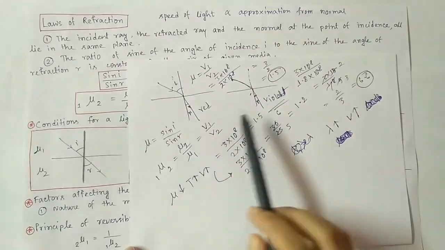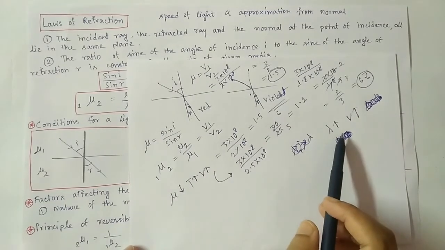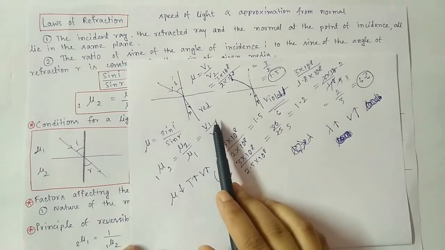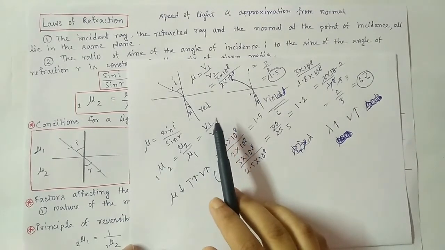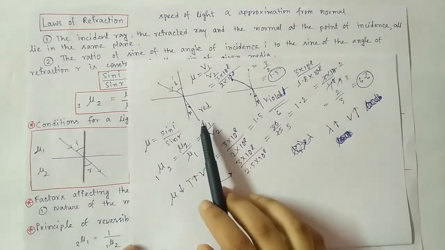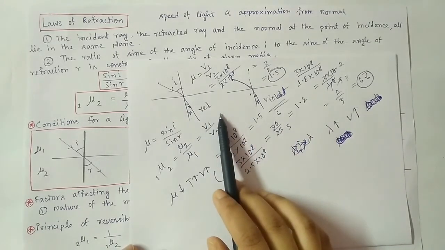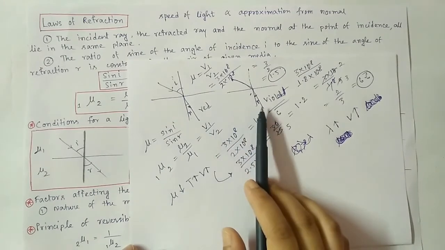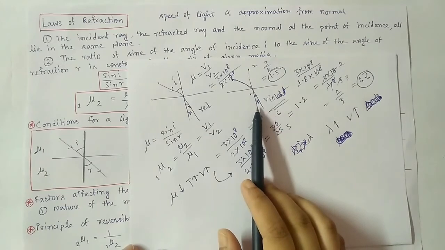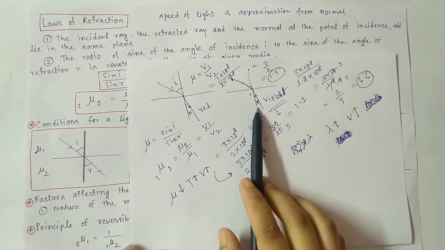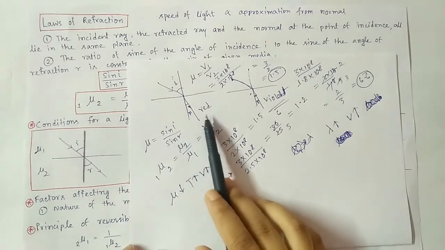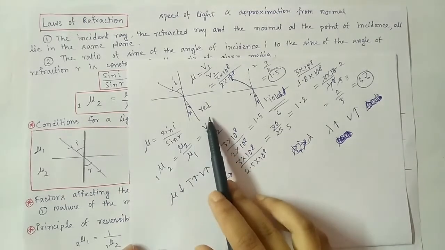From this we can conclude that red light has a greater wavelength than violet light, so the velocity of red light in any medium is greater than the velocity of violet light. That is why the angle of refraction where we use violet light is less than the angle of refraction where we use red light.